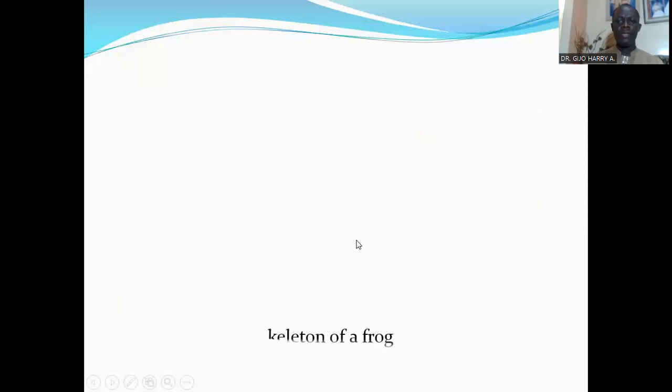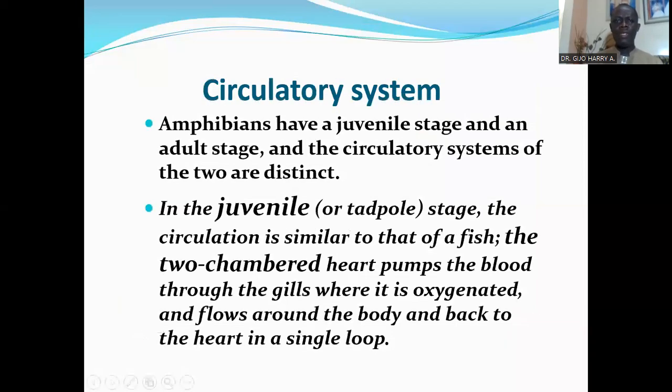Now we want to look at the next feature of the amphibians, which is the circulatory system. Amphibians in their juvenile stage have a distinct circulatory system.